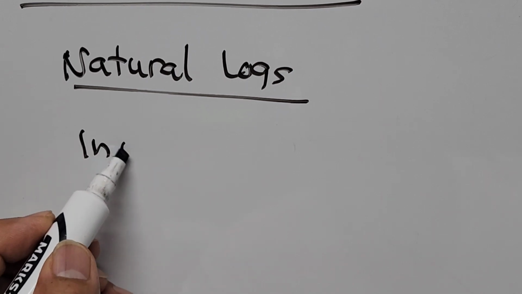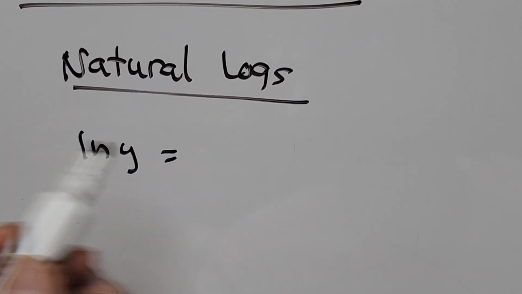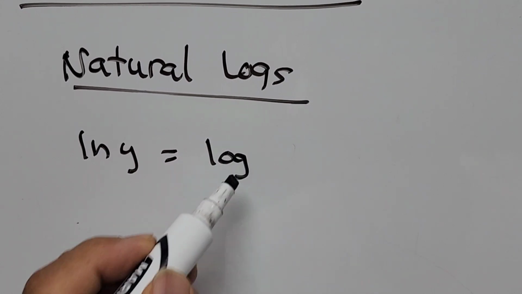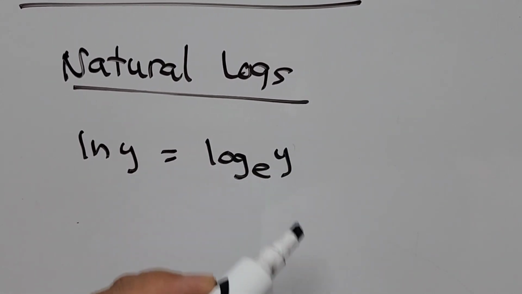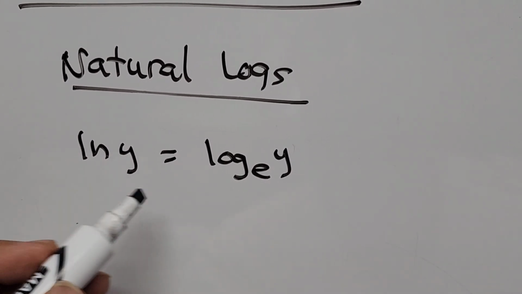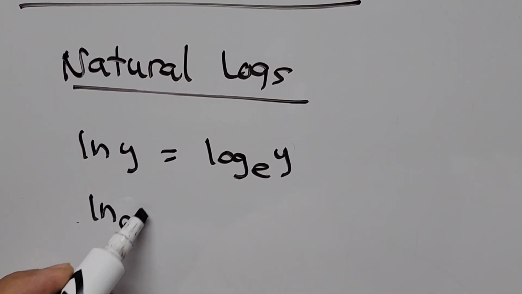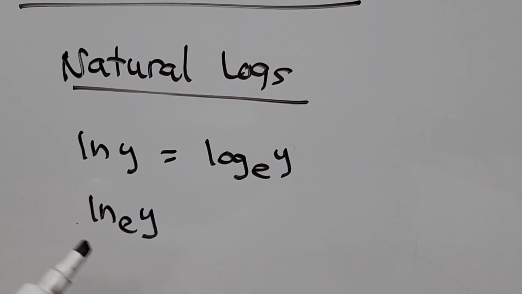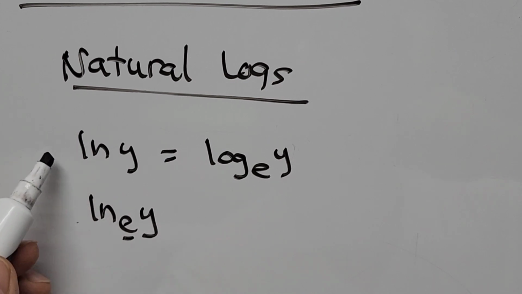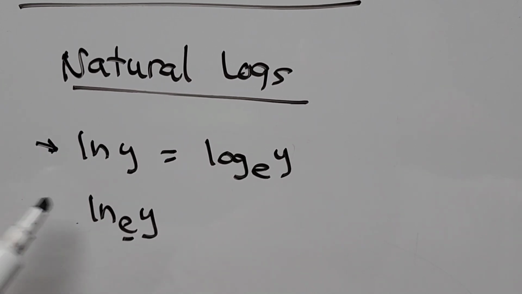So ln of y is equivalent to log base e of y. And here in ln of y, the base is e. And normally we don't write that e right there, so it will be just imaginary whenever you take a look at this. That's how we symbolize natural logarithm of y.